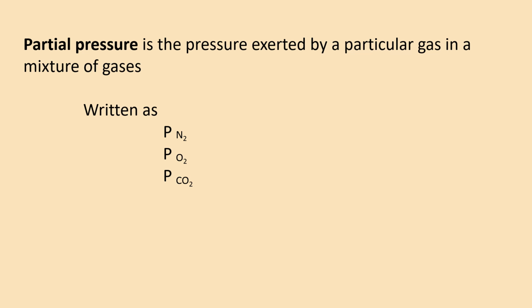How do we express the relative concentrations of these different gas components of this mixture? Well, we use partial pressure. And you can think about partial pressure as the pressure exerted by that one particular gas in a mixture of gases. And the way we write it is a capital P and then a subscript of the particular gas or molecule we're talking about. So we have the partial pressure of nitrogen, the partial pressure of oxygen, the partial pressure of carbon dioxide written here.